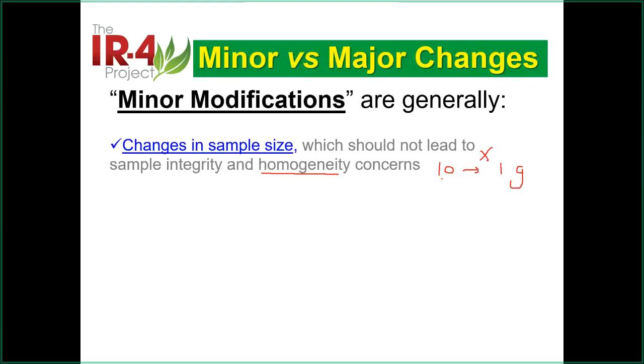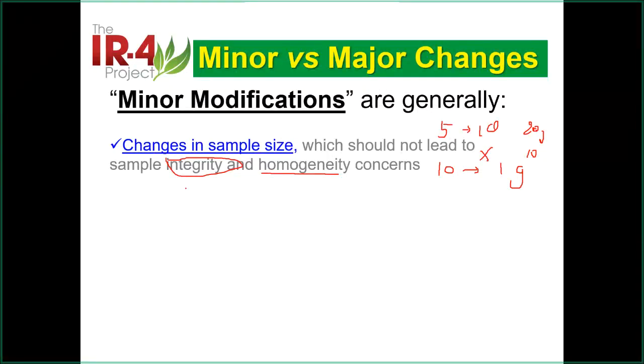So that is not good. But if you change from 5 grams to 10 grams, that's okay. Or from 20 grams to 10 grams, that's okay, but it shouldn't affect sample integrity or homogeneity.